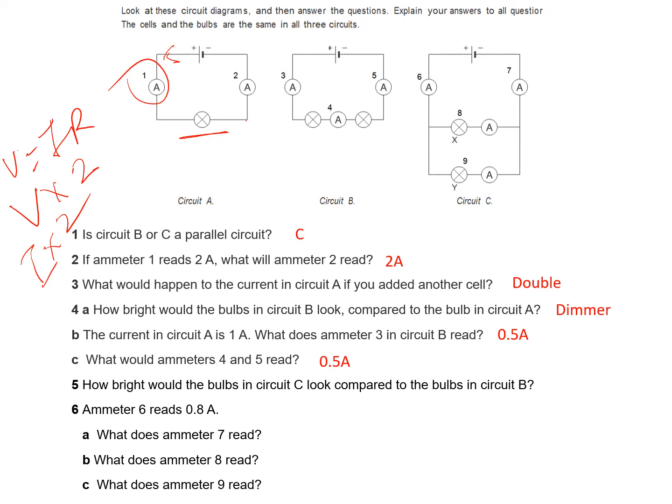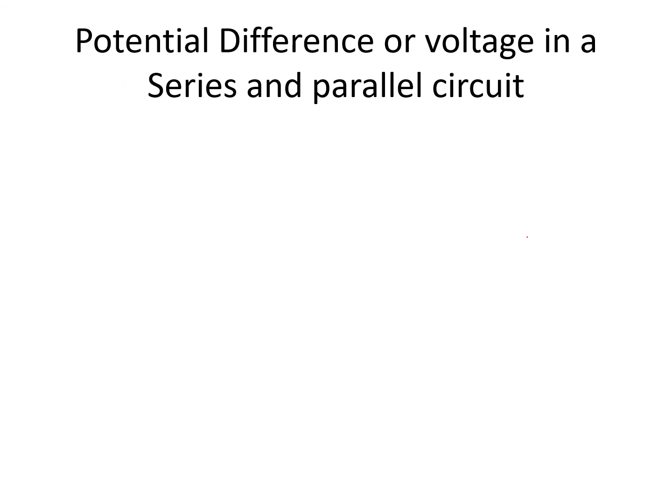In circuit B, you're connecting them in series, which means more resistance. In circuit C, you're connecting them in parallel, which means less resistance. Less resistance means more current is going to flow through them, so they are going to be brighter.